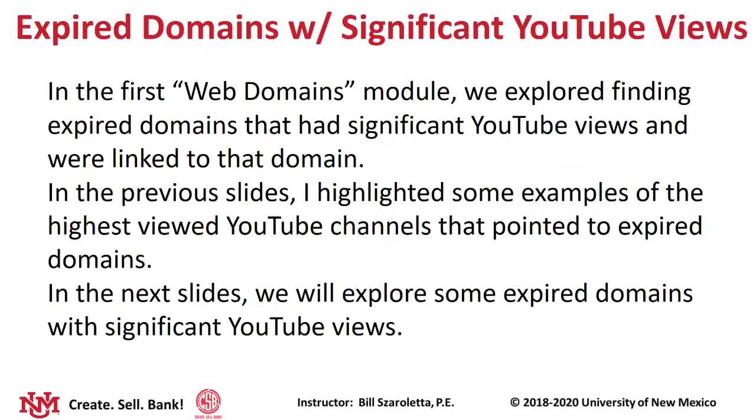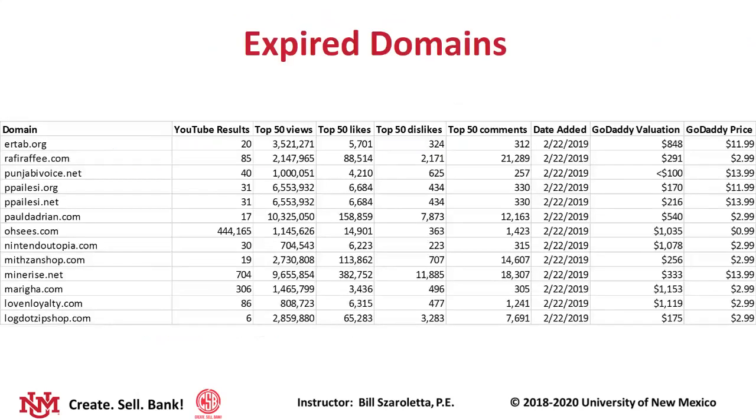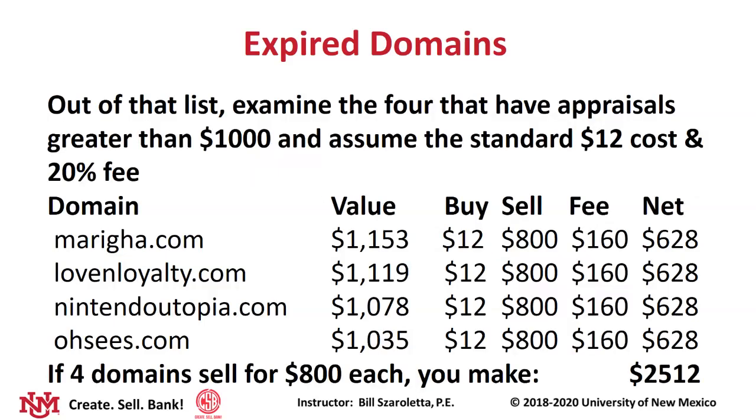Now, we talked about these expired domain names, and I'm going to go back to those because it's really interesting. I've got the GoDaddy price in here and the GoDaddy valuation just from that list. But I picked 4 of them that were available, and you could buy them for $12. Even though they were valued more than $1,000, let's just say we sold them for $800 each. The fee is 20%.